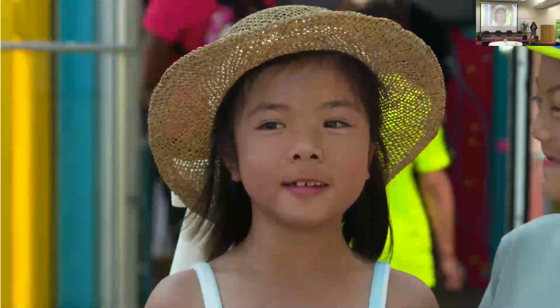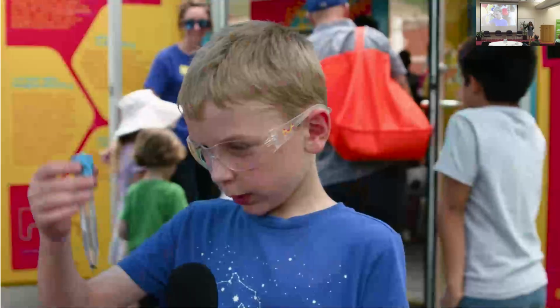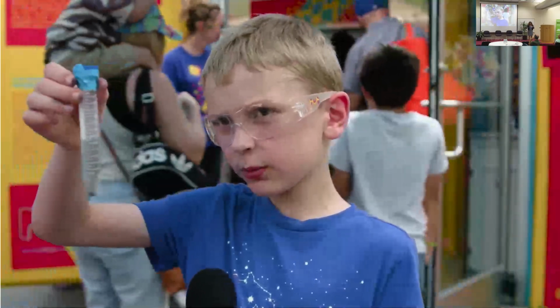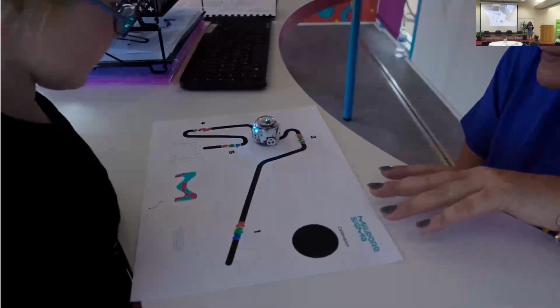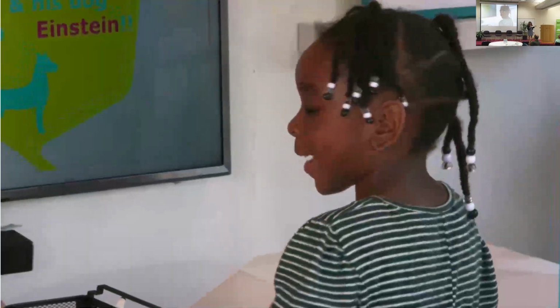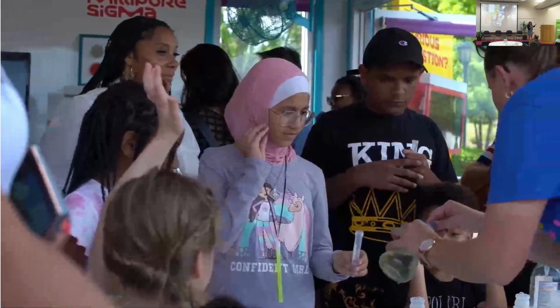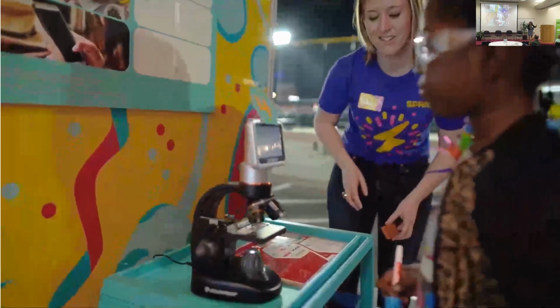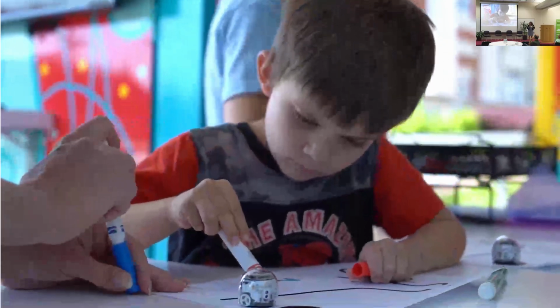What we do is we bring kids into the Curiosity Cube, and they do different hands-on experiments. And every year there is a different theme for the Curiosity Cube. This past year was sustainability. That was last year. And then this year is AI.